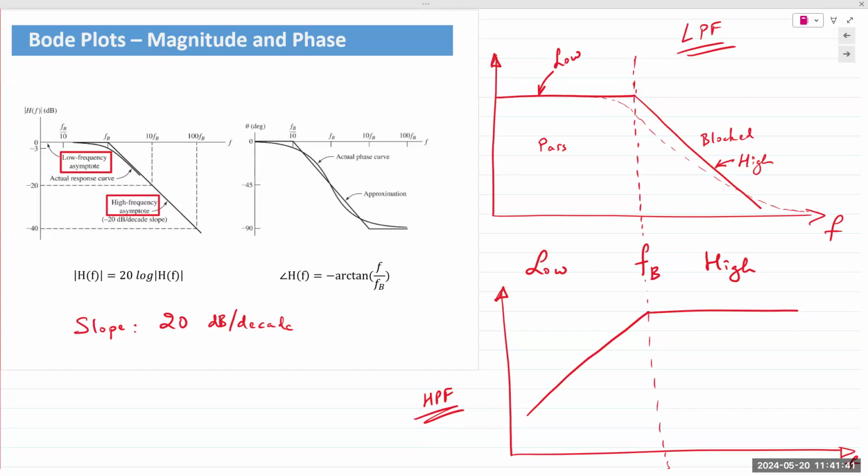The y-axis is plotted in dBs or decibels, and the x-axis is the log of the frequency. So it's not a linear chart anymore. It's a highly compressed chart. And what it does is it allows us to plot a very wide range of values in a very small chart paper.